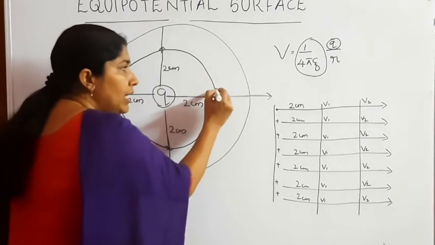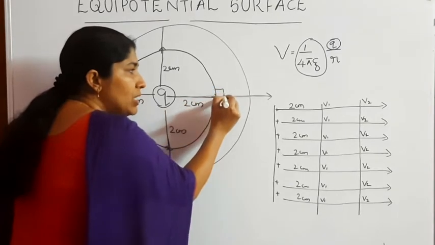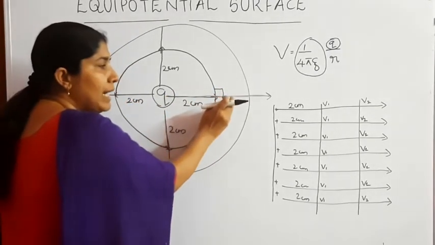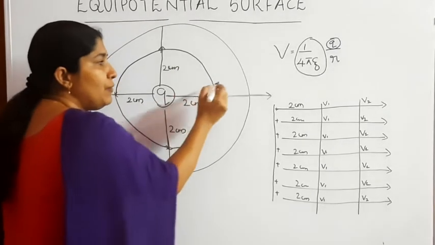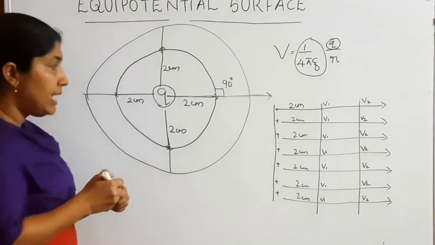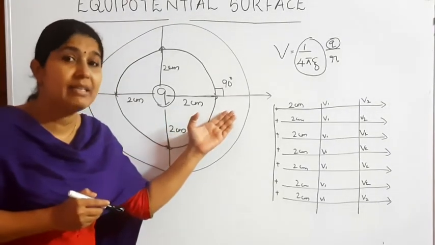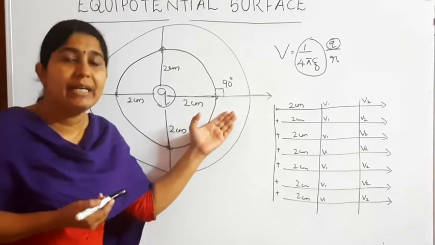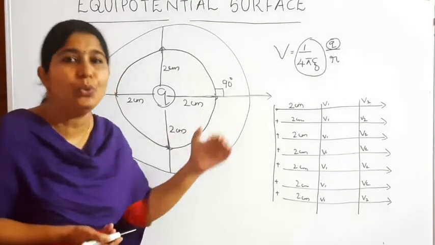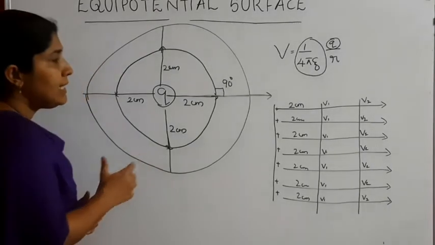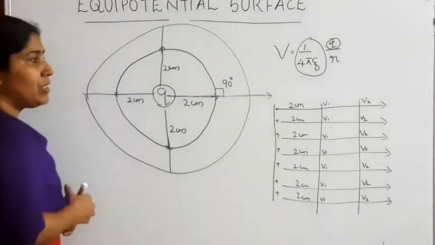What about the angle between the equipotential surface and electric field? Here the angle between electric field and equipotential surface is 90 degree. So electric field lines are perpendicular to the equipotential surface, or electric field lines are normal to the equipotential surface. That's the first point regarding the equipotential surface.